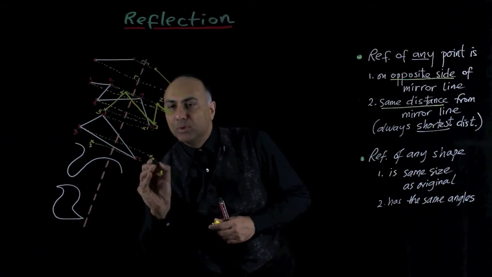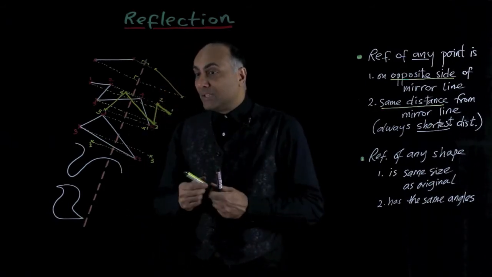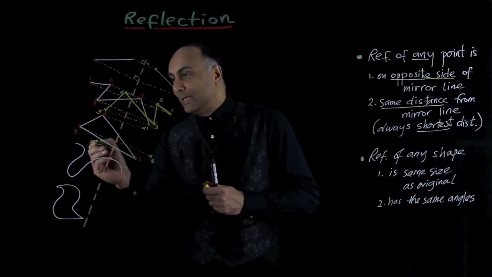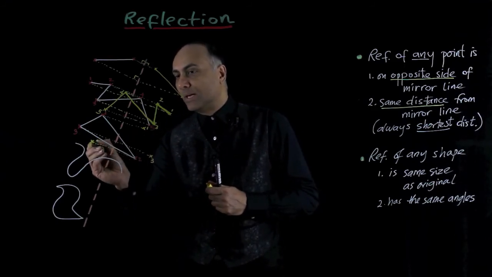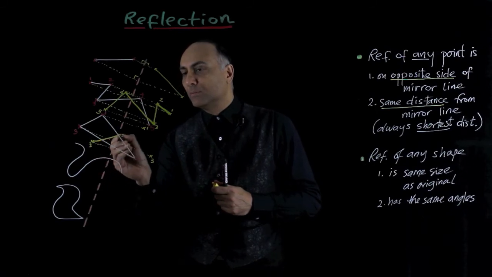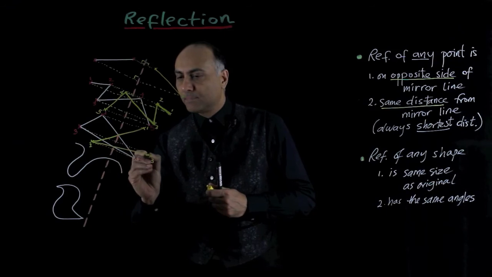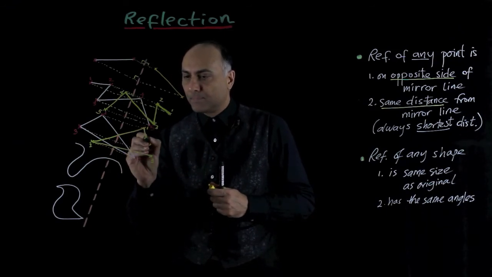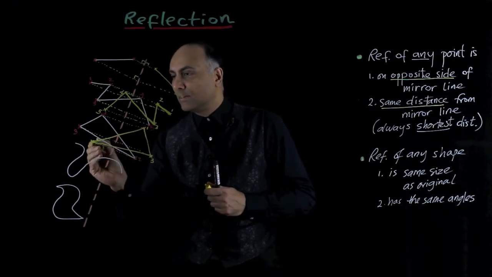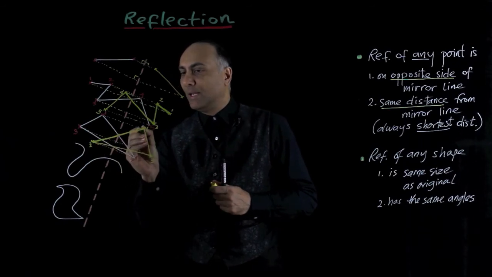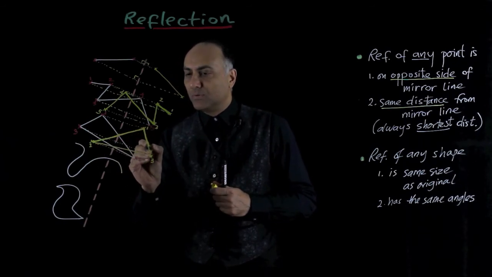And there is a reflection of point 3. All that remains is for me to join up points 1, 2, and 3, or rather the reflections of points 1, 2, and 3. And there we have the reflection of the triangle.